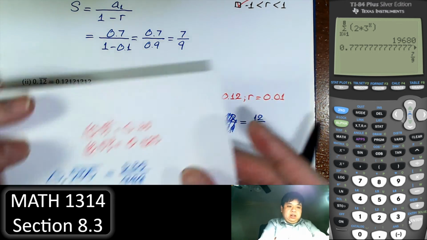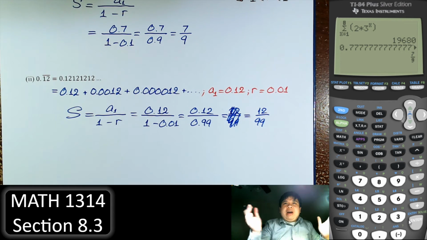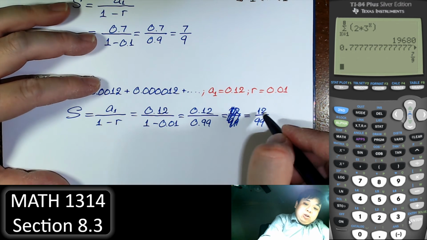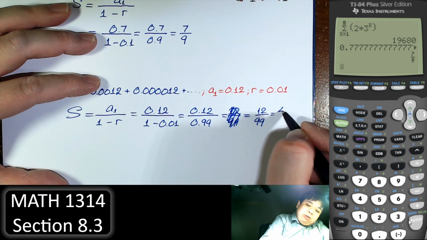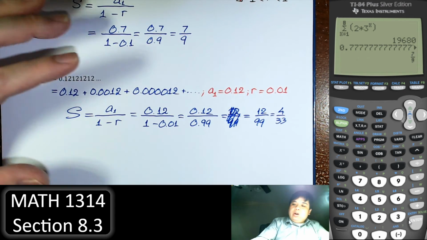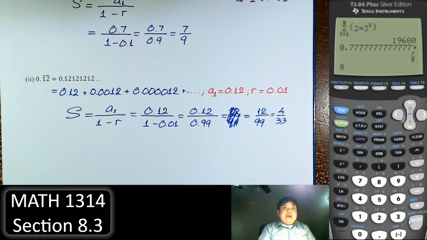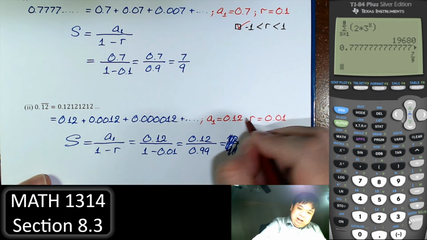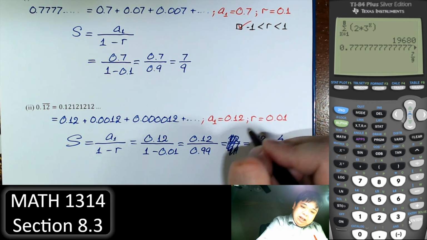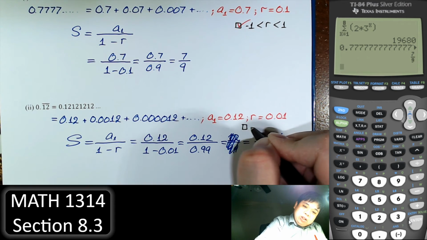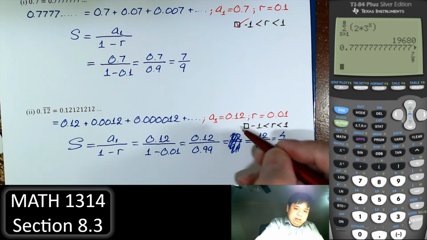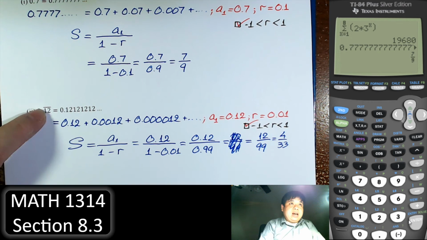In general, there's a much better way to do that without the formula. Anyway, we need to reduce this by 3, so 4 over 33. That certainly works. Again, if we use that formula, make sure the ratio is between -1 and 1, which is the case because that sum exists.